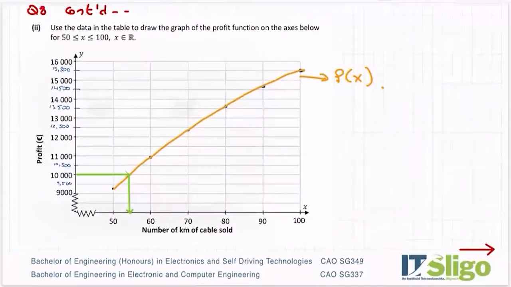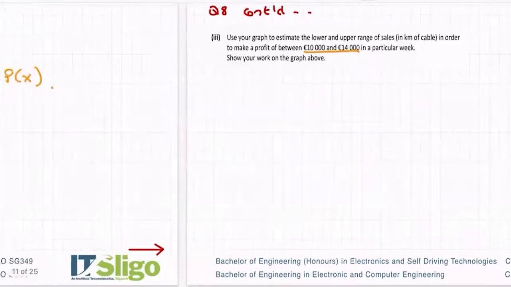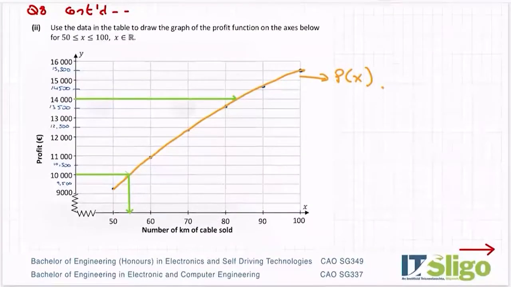That's what I mean by you come in to the graph from the money side. So what was the other one? A profit between 10 and 14. So let's find 14 on our graph and come in from that one. It's these construction marks, these marks that I've made on the graph in green, that you get marks for, because it shows that you understand how to read a graph.